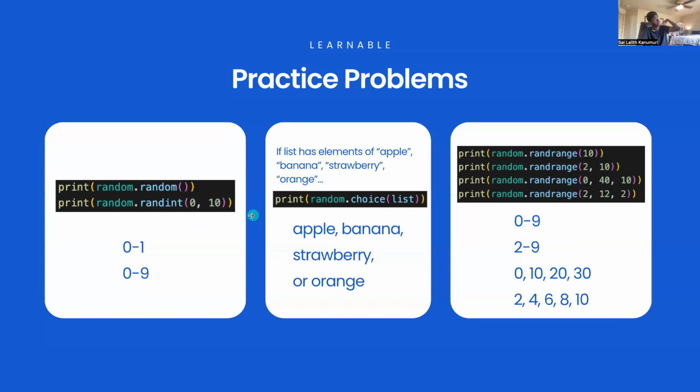And finally, if the list has elements apple, banana, strawberry, orange, random.choice. We didn't go into random.choice, but I think it's a little bit self-explanatory here. If you see a list, you're just picking one of them. I just put this in because this is an important skill, right? I want to give you this skill as we go through the course. You may not know all the functions, or you may not know all the code that's being given.